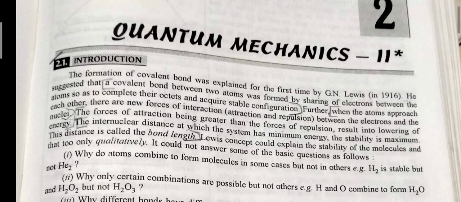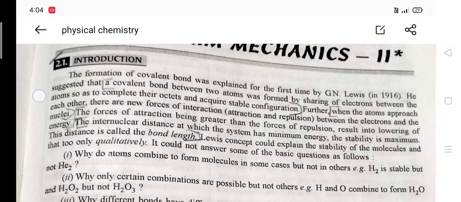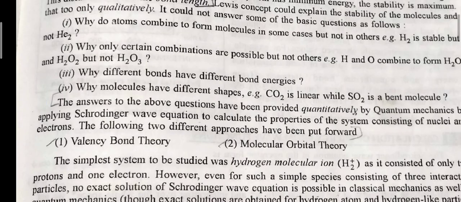Lewis' concept could explain the stability of molecules, and that too only qualitatively. It could not answer some basic questions as follows. Why do atoms combine to form molecules in some cases but not in others?